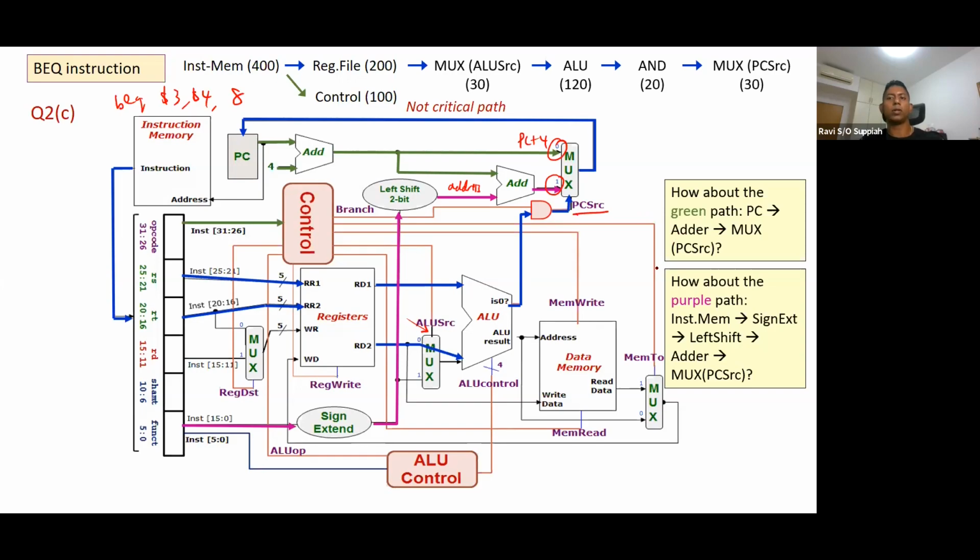So you do not need to factor in the green pathway and this purple pathway. So the total time here is 800 picoseconds.